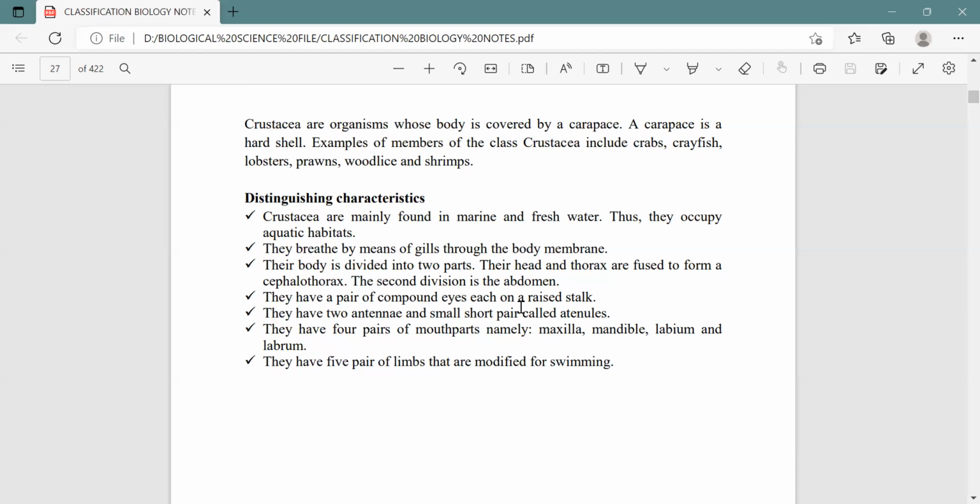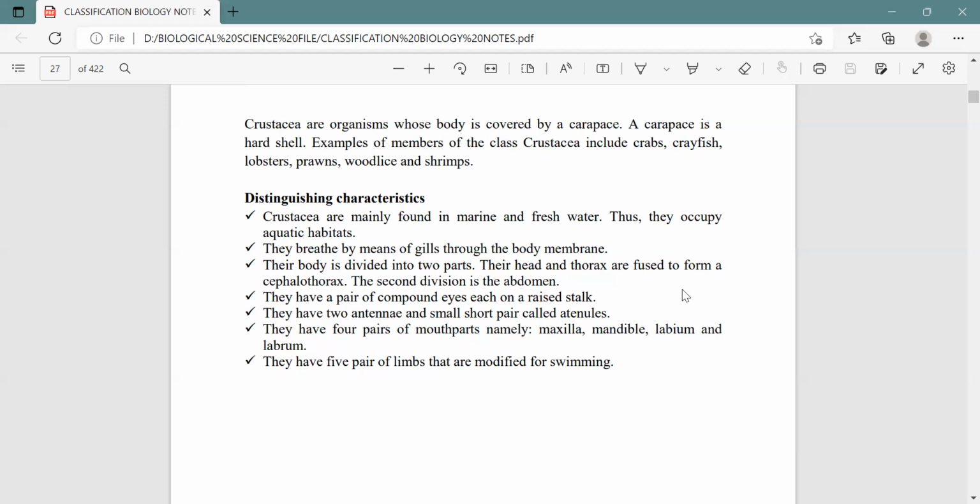The crustaceans have a pair of compound eyes, each on a raised stalk. The crustaceans have 2 antennae and a small, short pair of antennules.